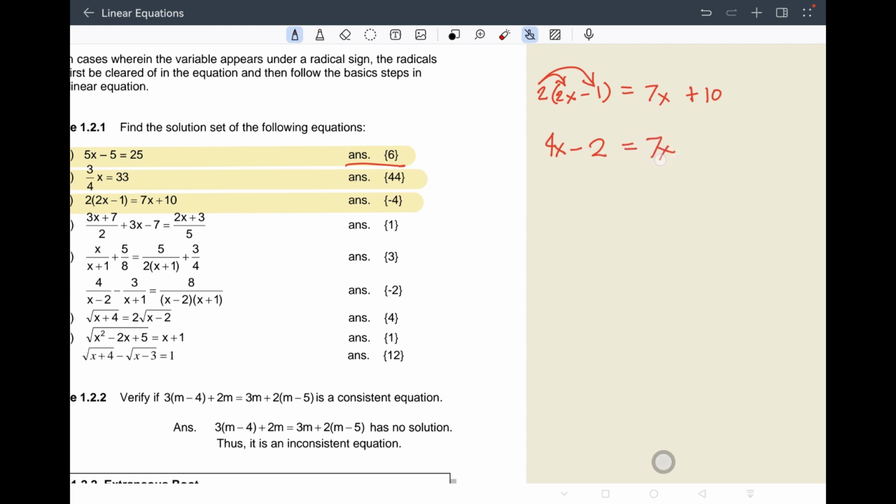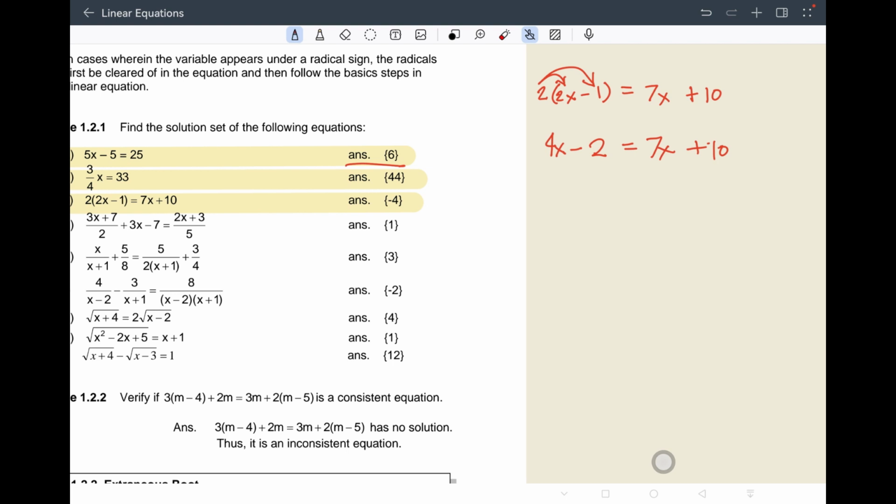Equals 7x plus 10. So, again, we need to combine these similar terms. Dito, meron na tayong dalawang term na parehas may variable, yung 4x tsaka 7x, tsaka dalawa ding constants, negative 2 tsaka 10.